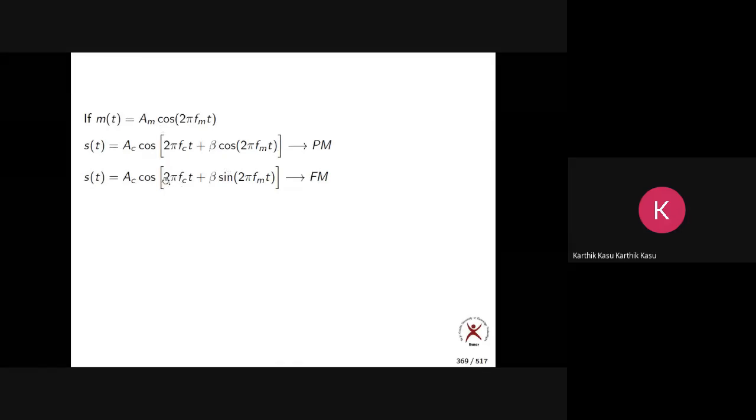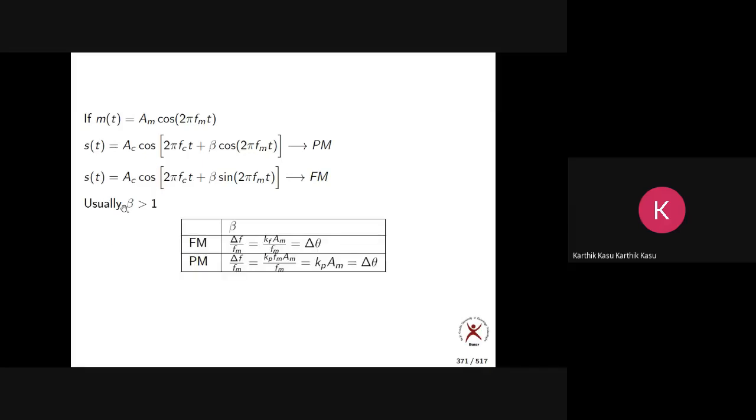So these are the equations of angle modulated signals if m(t) happens to be Am cos 2 pi fm t. Here usually beta will be more than 1. It is opposite to the case of amplitude modulation, where, as you might have remembered, we have mu as the modulation index, where mu has to be less than 1.